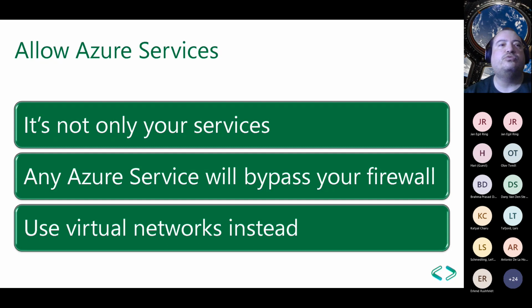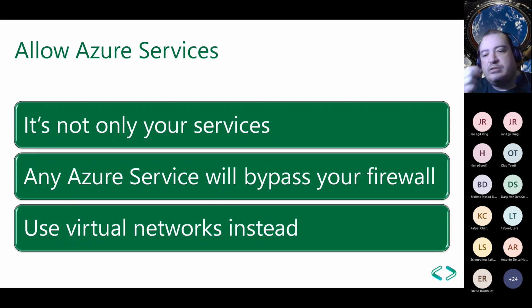What should you do instead of enabling this option? You should use virtual networks instead of enabling Azure services. If you have a specific IP that you can open, a specific IP would be better.